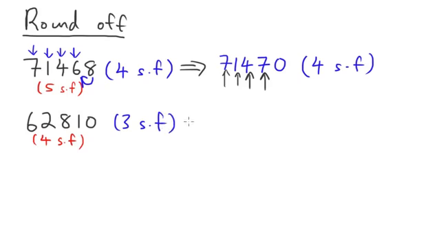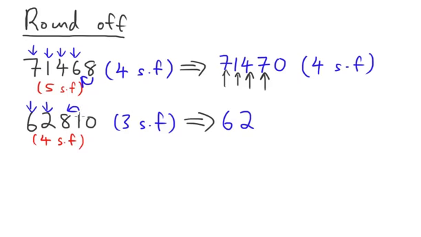The 6 and the 2 we will keep, and the 8 as well, so we have 62,800. From 4 rounding off to 3, we need to get rid of the 1. So we round it off.